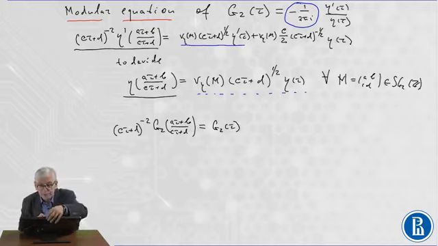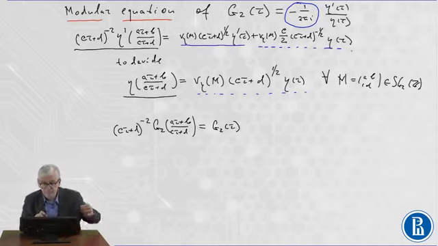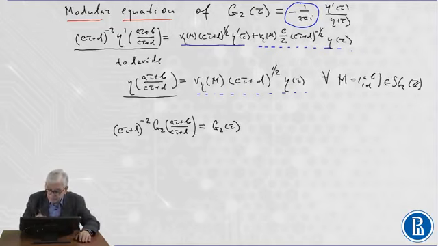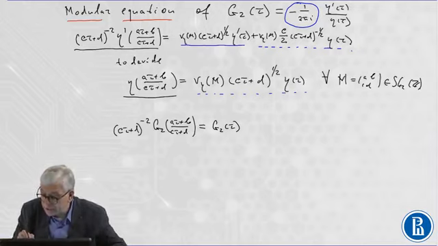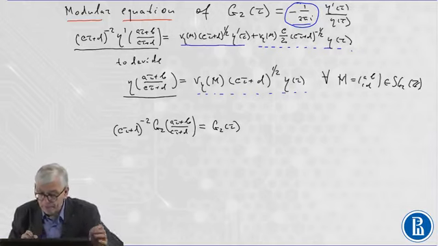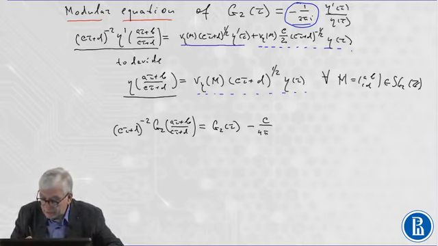Then we consider the second term with this additional coefficient, and we get minus c over 4 pi i.